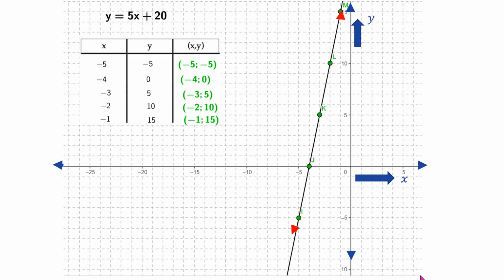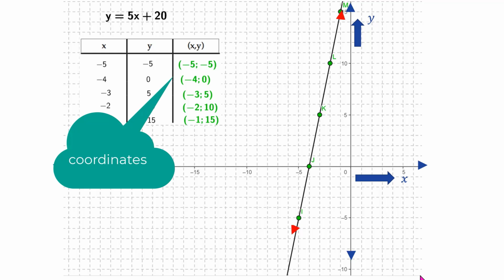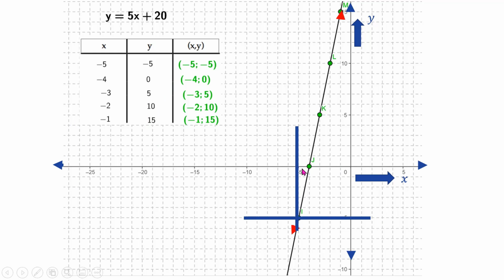The point where the lines meet, that's our point. Let's look at our first point. We've got x is -5 and y is -5. So on our x-axis, we go to -5. On our y-axis to -5. And then if we use our rulers, that's where the two lines meet. That is our point.